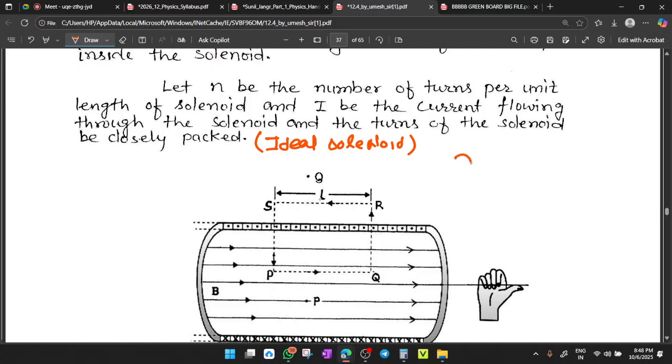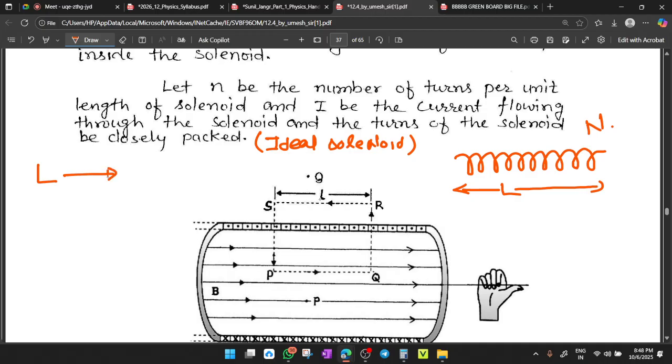Suppose the length of the ideal solenoid equals L, and the total number of turns equals N. If length L contains N turns, then unit length will contain N by L turns. So this is the number of turns per unit length, and small n equals the number of turns per unit length.